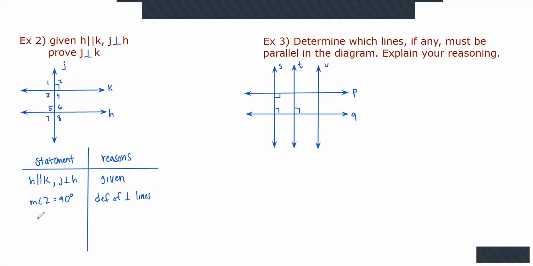We also know that angle 2 is congruent to angle 6 because we're given that H and K are parallel lines, because of the corresponding angles theorem. We also know that the measure of angle 2 is equal to the measure of angle 6 because of the definition of congruent angles.